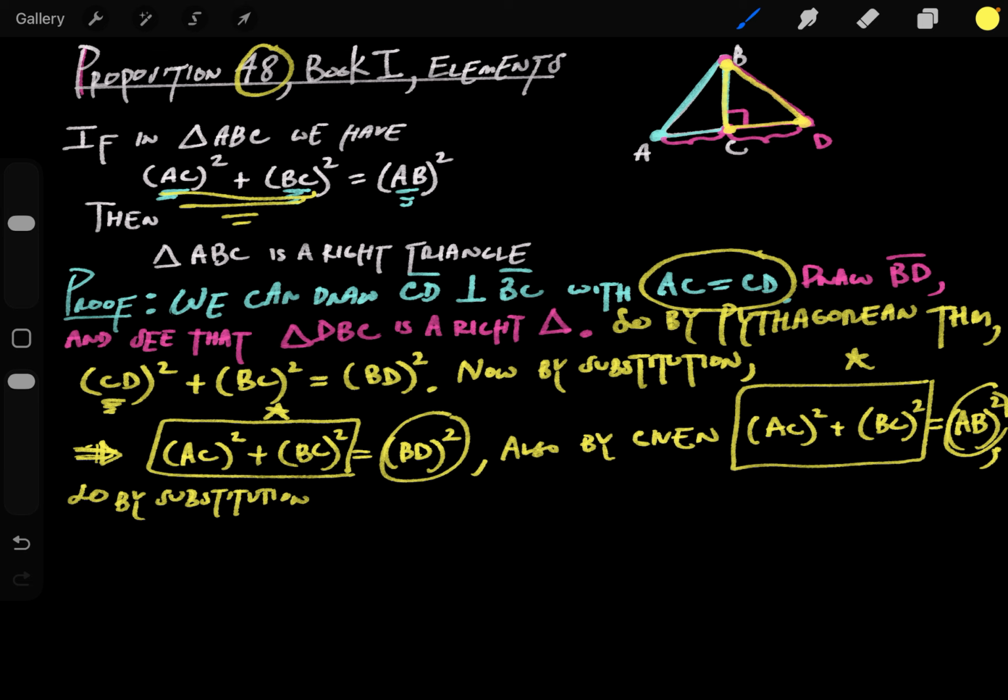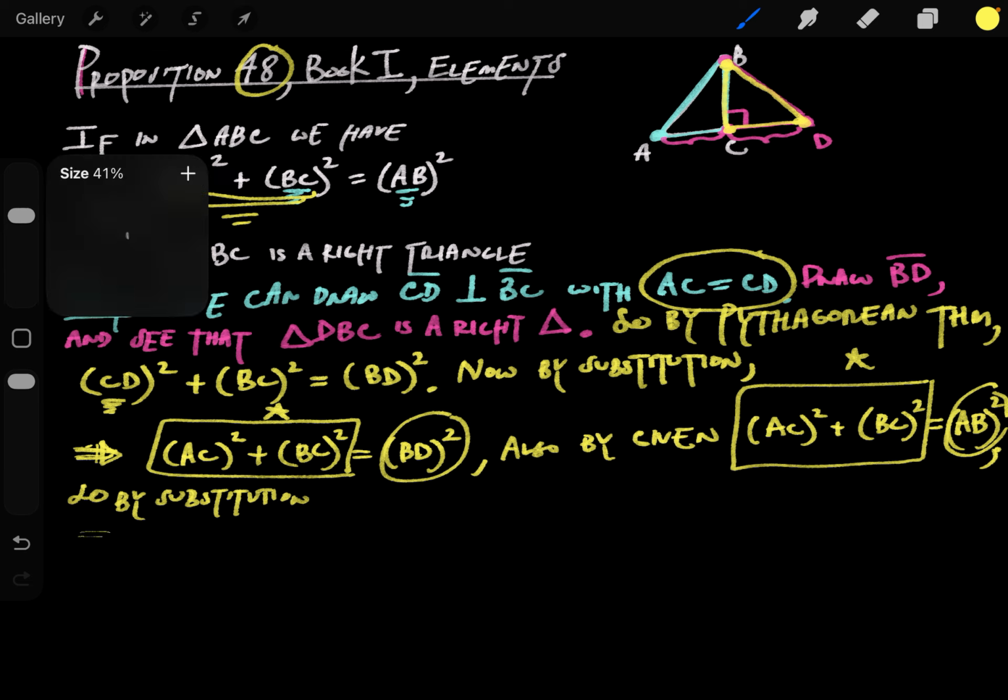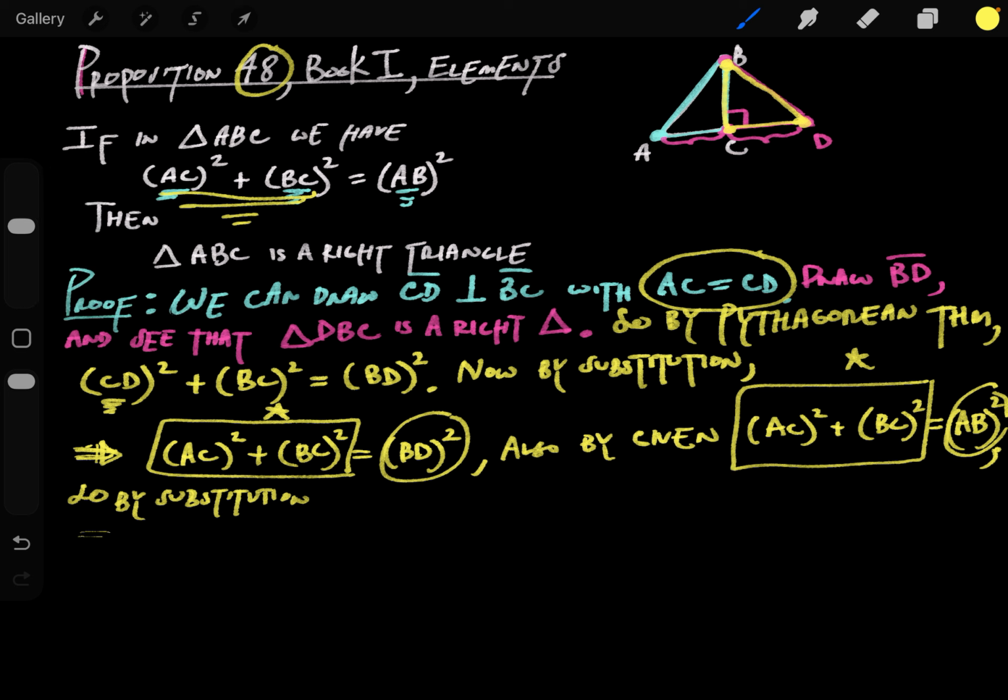And we could say by substitution, or things equal to the same thing are equal, whichever one you want to use. I could say BD squared must equal AB squared.